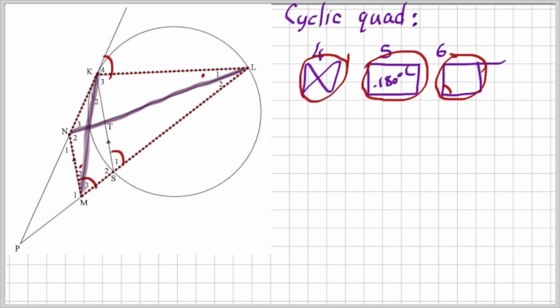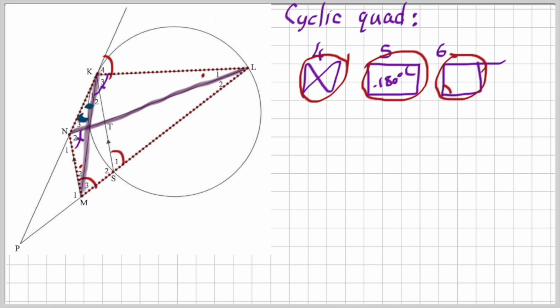First of all, L1 is equal to M1 because I work in this shaded part there. Okay? In that shaded part, N2 and K2 and 3 is also the same. Okay? If I now look at this shaded part, oh, it's so small.